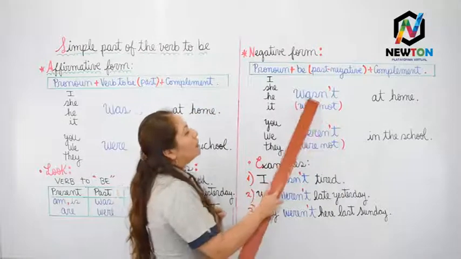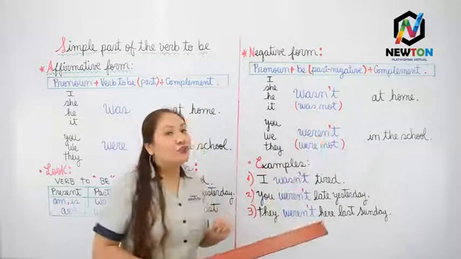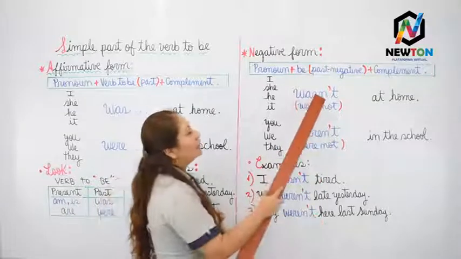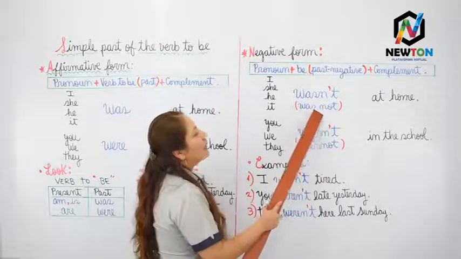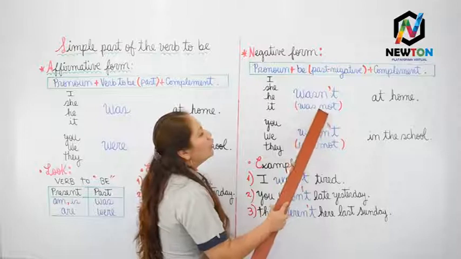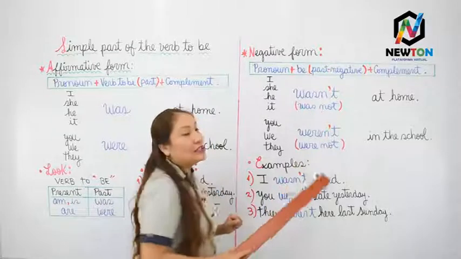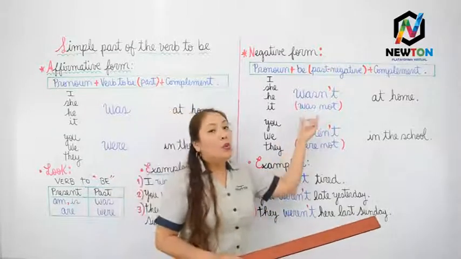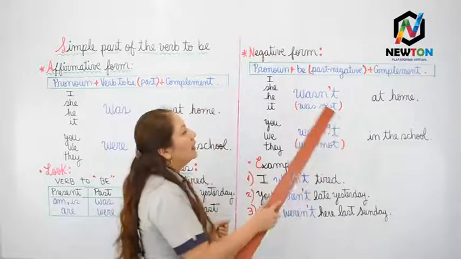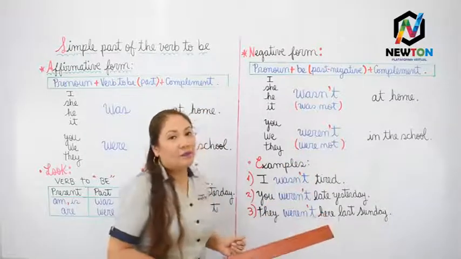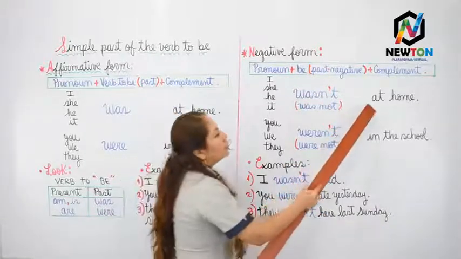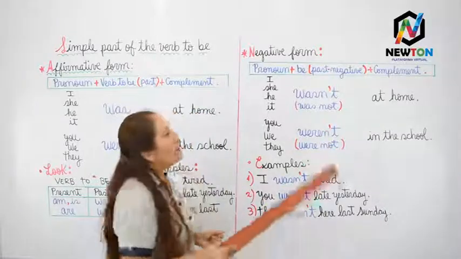Ok, now, this word is the contraction. Esta palabra es la contracción de estas dos palabras. Was not. Estas dos palabras las uní y formé la palabra wasn't. And then your complement at home.